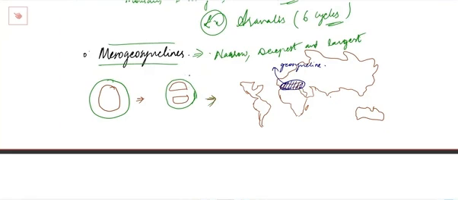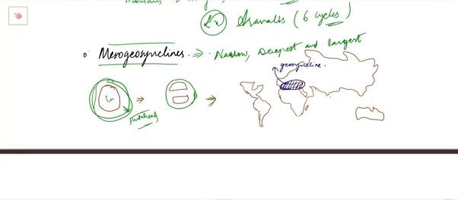And they have given an example for mesogeosynclines. If you consider the earth in, I can say, the carboniferous era or precambrian period, this is the earth, and this is the land mass which is surrounded by Panthalassa, which is a water body.